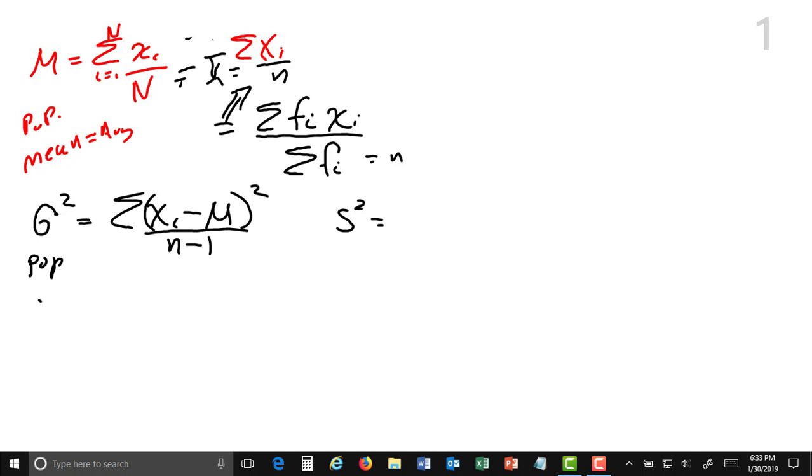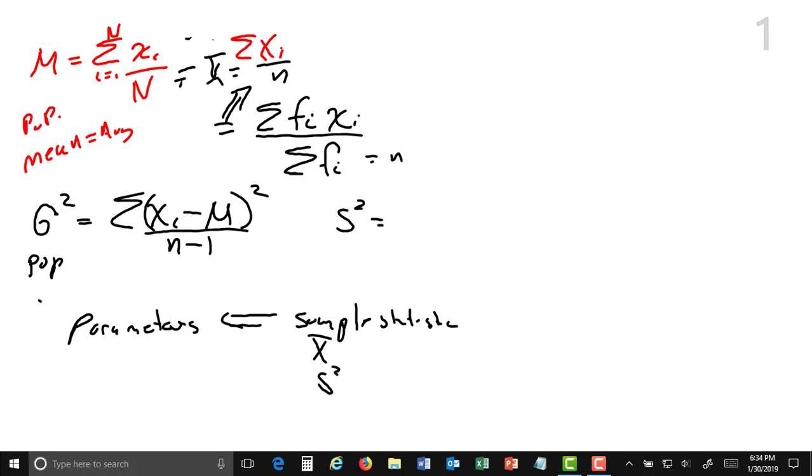We're trying to figure out these parameters, and we're using a best guess of it by using our sample statistics. In this case, one of them is x bar, another is the sample standard deviation, and another that we'll use is like a histogram, but basically that's to give us the true population distribution.